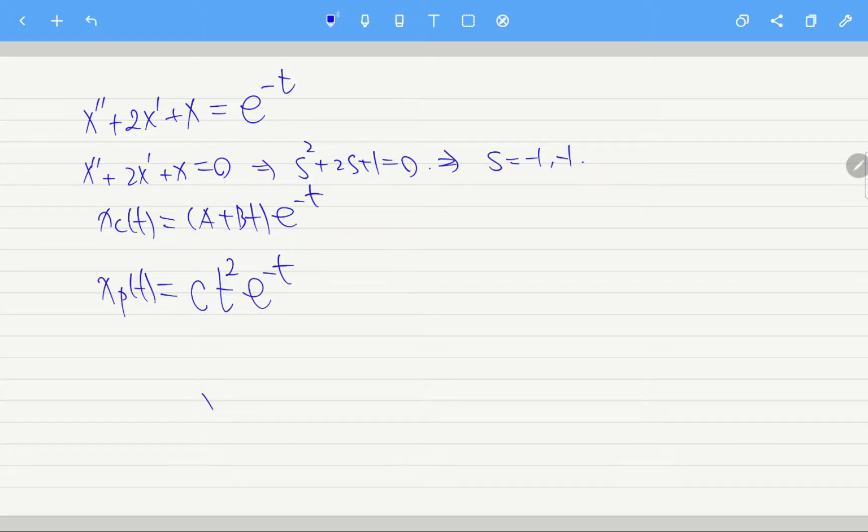And the complete solution to this ODE will be a plus bt times exponential to minus t plus ct squared exponential to minus t. Of course, c needs to be determined by plugging this one into the original equation.